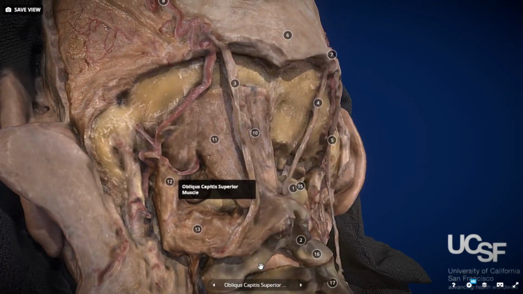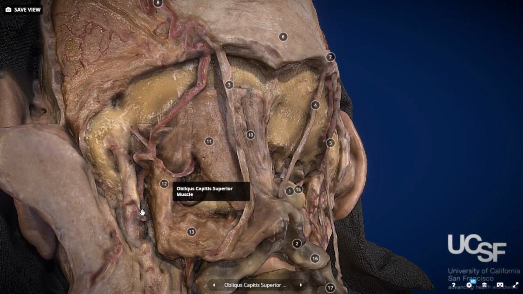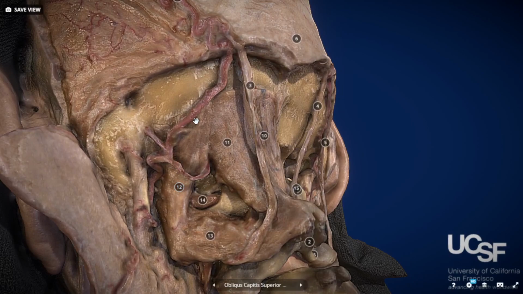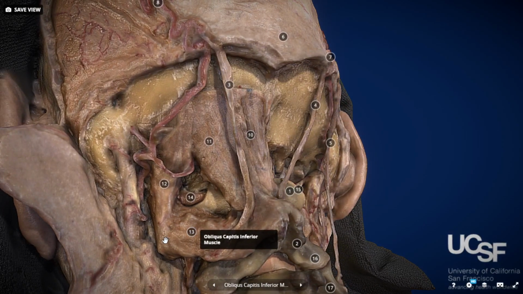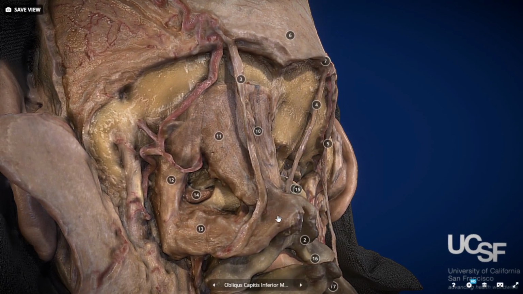If we move laterally, we see the obliquus capitis superior muscle, which is attaching to the most lateral portion of the inferior nuchal line and has an inferior attachment on the lateral mass of C1. Inferiorly, you can identify the obliquus capitis inferior, which is attaching superiorly and anteriorly on the lateral mass of C1 and posteriorly on the spinous process of C2.